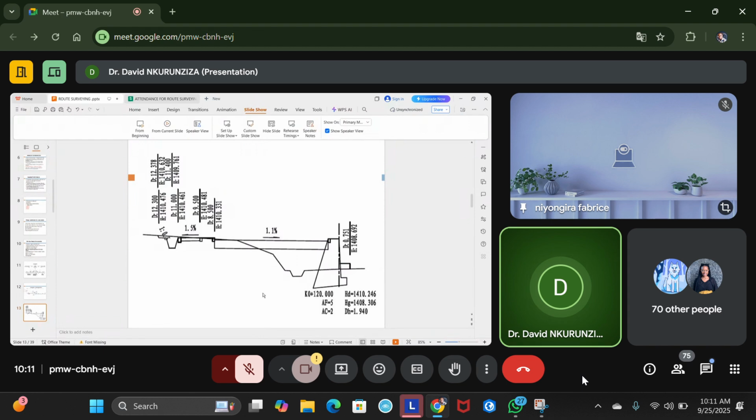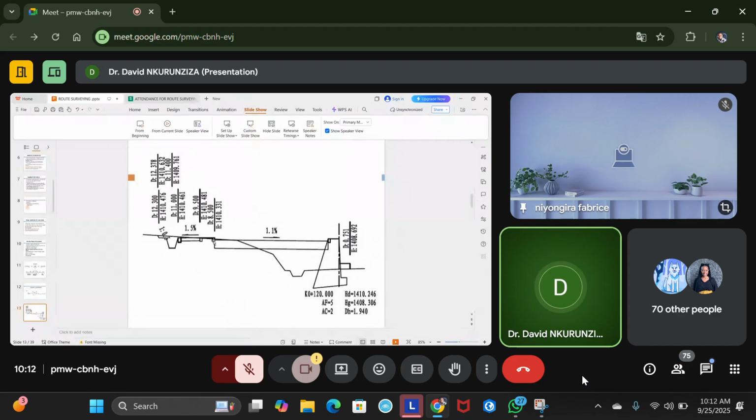You can see when you look at the cross section itself, for example, this one has a pavement. You can see the retaining wall. A lot of details are there. For example, this is the center line. What you can see here is what you call a curb in Kenya. Locally, we used to call it, I think, bordure.